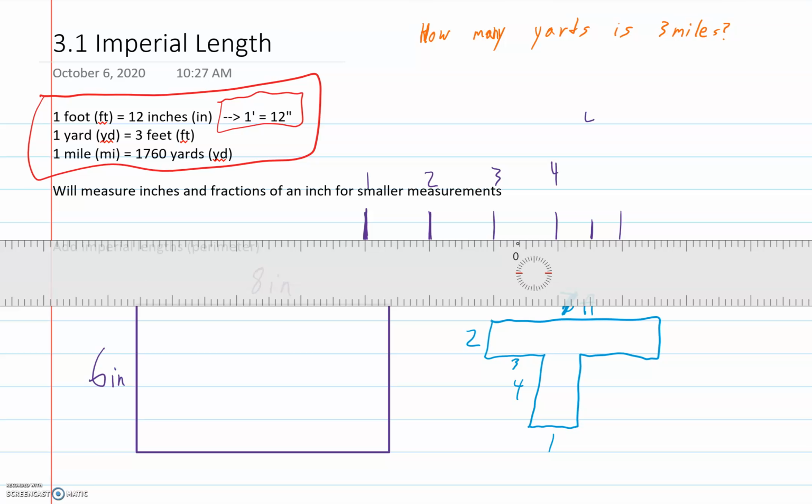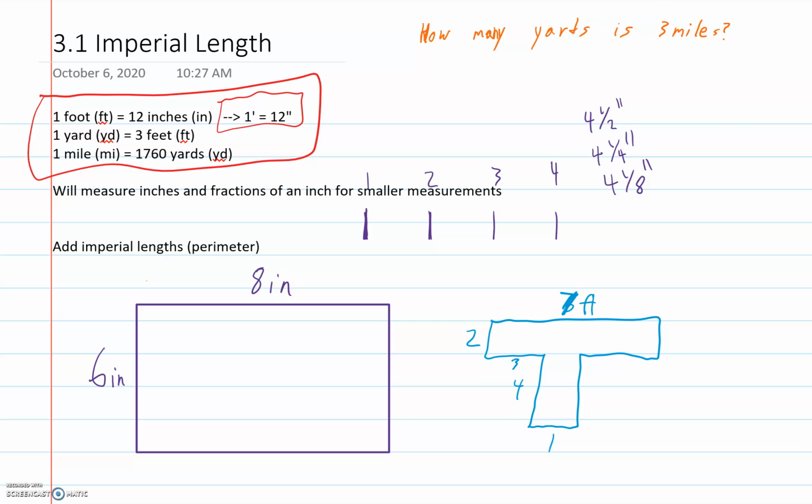So we'd actually write it as 4.5. Usually when we're talking about construction, that's how they'd write it. And after that, they also usually talk about 4.25 inches and 4.125. So you can also be talking about fractions of an inch. That's another way we often look at it.